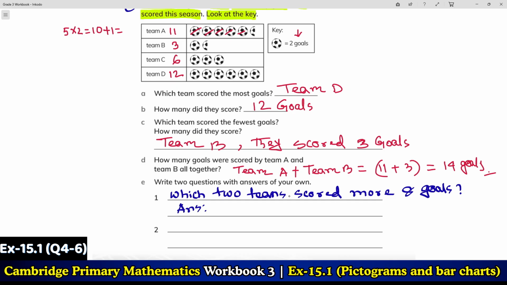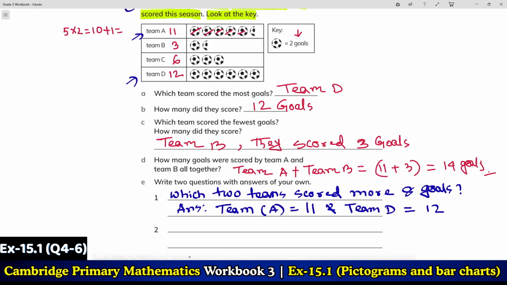More than 8 goals, it means team A and team D. Team A, 11, right? 11 and team D, 12. Okay, so first question and answer done.